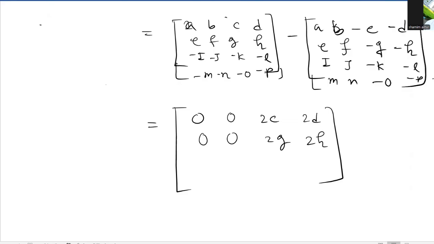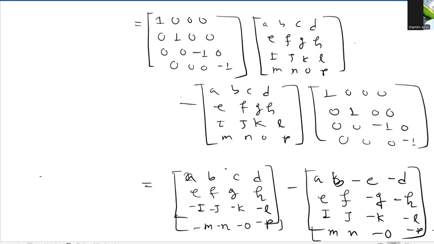The third row is minus 2I, minus 2J, 0, 0. And the fourth row is minus 2M, minus 2N, 0, 0.